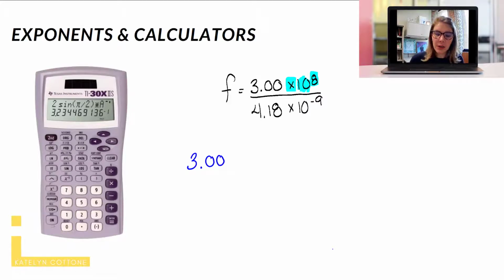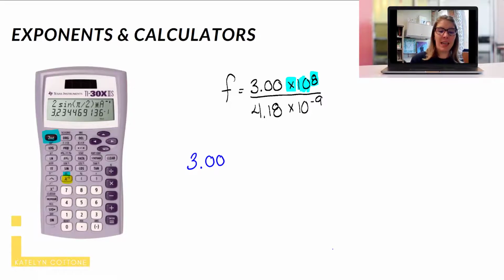So where's the EE button on your calculator? On this particular calculator, the EE button is right here above that x to the -1. It's not even really its own button. So how do we activate the EE button? What you need to do is press the second and then the button that is below that EE. And that EE takes care of the times 10 to the.